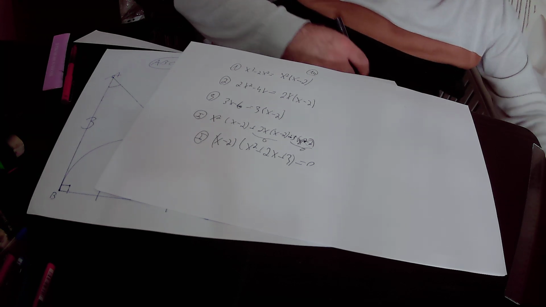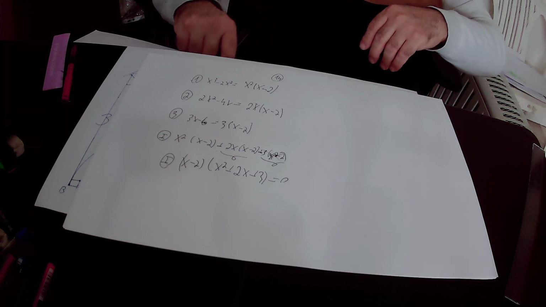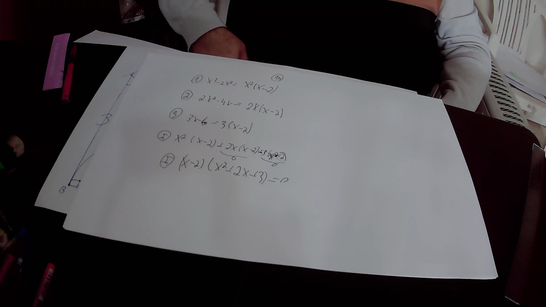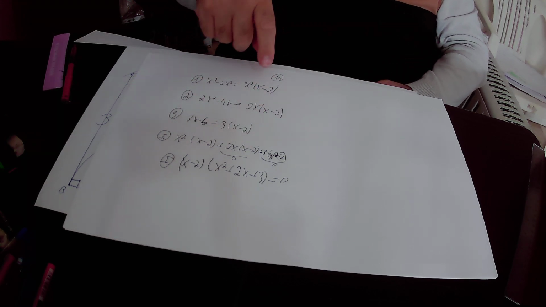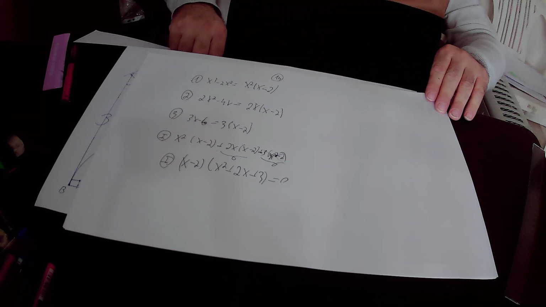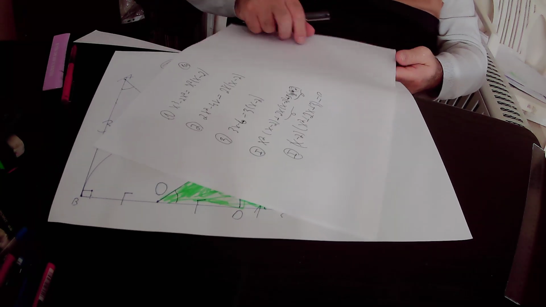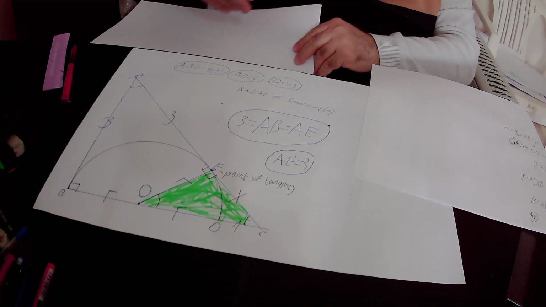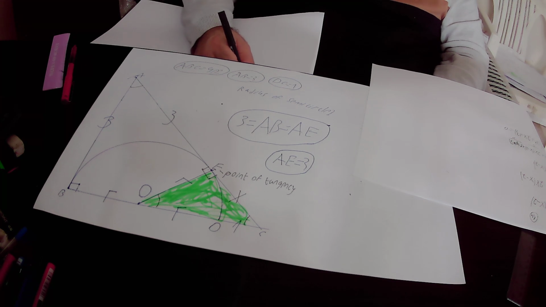Here we actually have two solutions that are possible. Either x minus 2 will be equal to 0, or the quadratic equation will be equal to 0. So I write down the two solutions. The first solution is that x minus 2 equals 0.